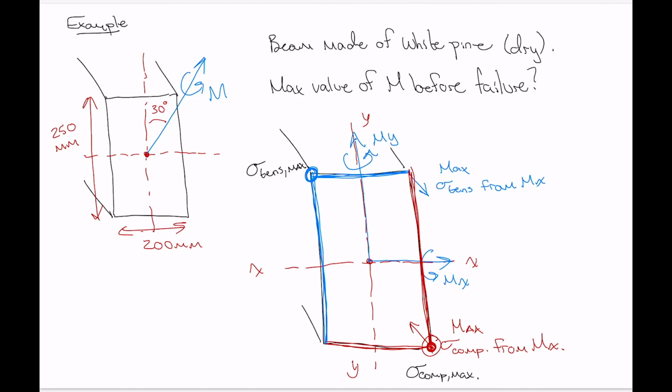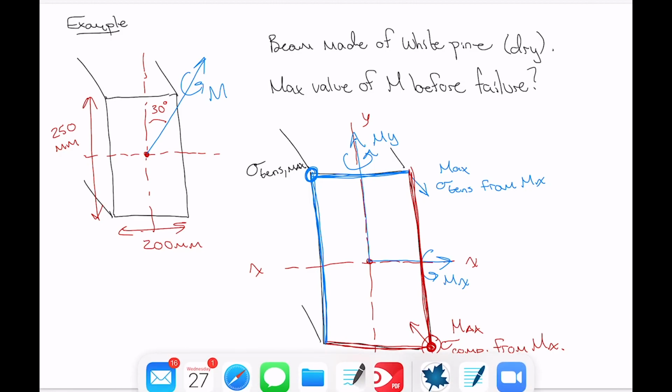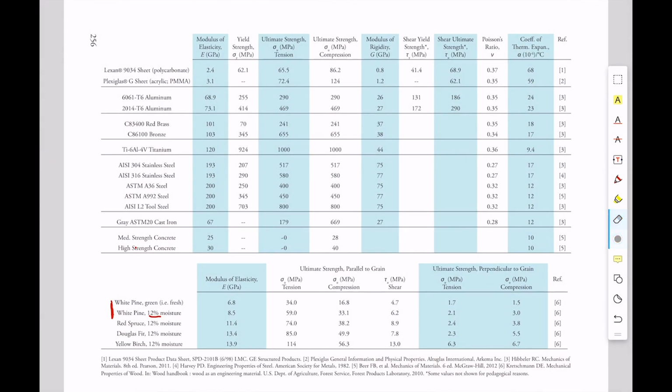So let's flip back to the material property table for a second here. And what we want is, you'll see in the table here, we've got a bunch of values. So we've got modulus of elasticity, then we've got ultimate strength parallel to the grain of the wood. The grain of the wood refers to the fiber direction in the wood.